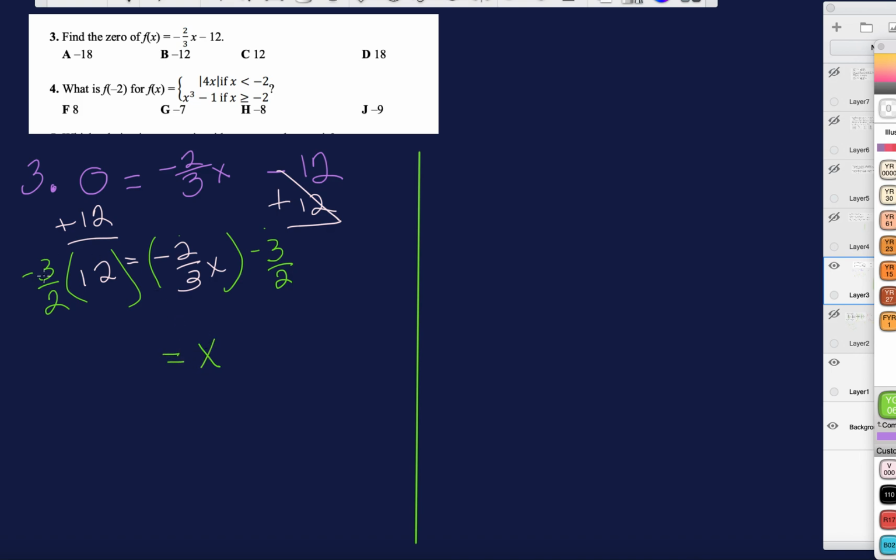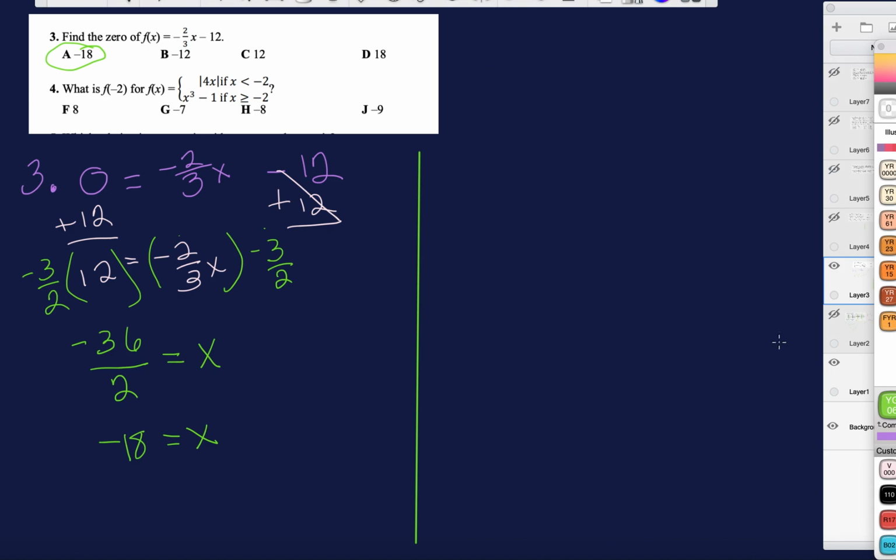That equals negative 3 times 12 is negative 36 over 2. Hey, that's pretty cool. Divide negative 36 by 2 and you get negative 18. Sorry about that. Not so pretty, but you see it, right? Oops. There it is, letter A.